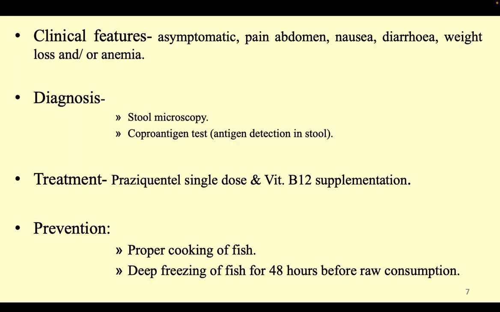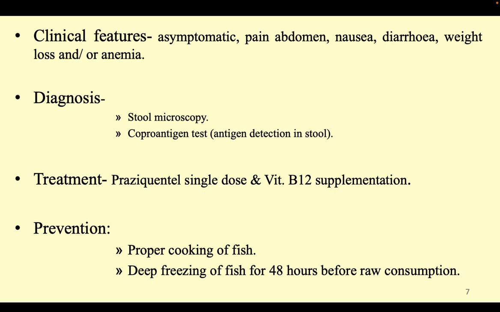Clinical features. For all the parasitic infections that we are going to discuss in cestodes, you need to remember that the clinical features are exactly similar. How similar? First, either the infection will be asymptomatic or there will be non-specific abdominal symptoms in case of all the cestodes. So number 1 is asymptomatic.